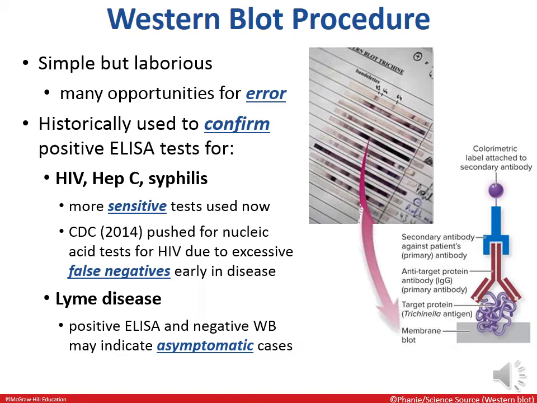And so one thing that is advantageous is because the ELISA is so much more sensitive. If you have a positive ELISA test but a negative Western blot, it may indicate that you are in fact infected, but you're in the asymptomatic phase. And so that can also help with how they treat the symptoms involved.